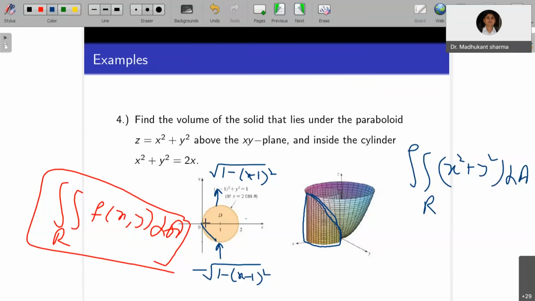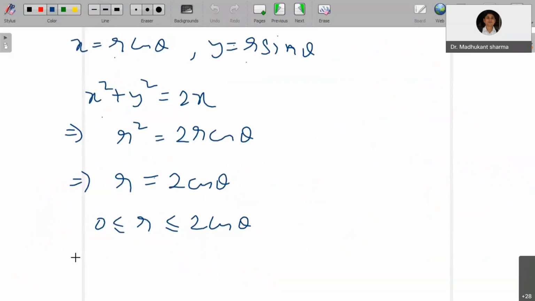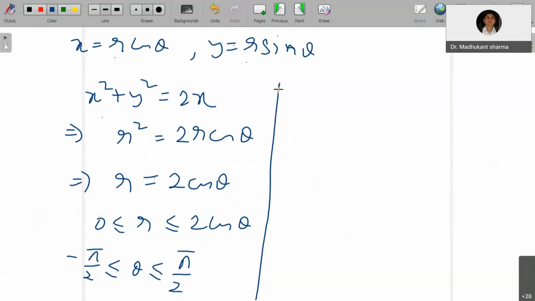R is here, so you are measuring everything from here, r equals 0 to r equals 2 cos theta. Can someone now guess? Minus pi by 2 to plus pi by 2. So the limit of theta is minus pi by 2 less than or equal to theta less than or equal to plus pi by 2.